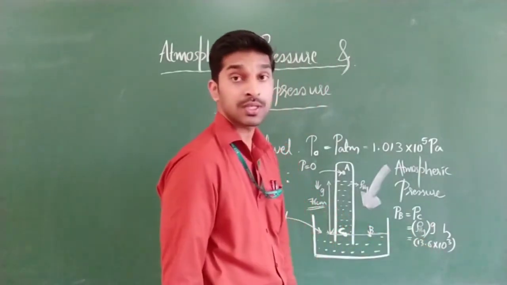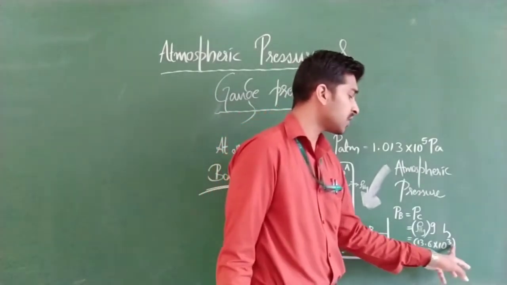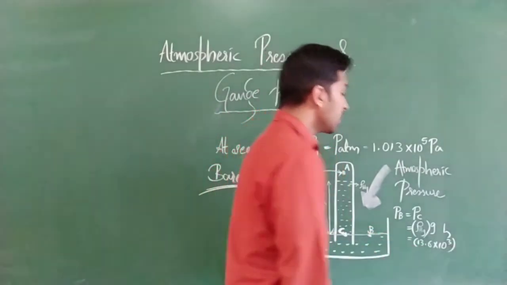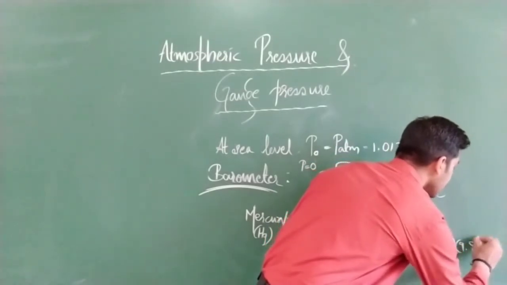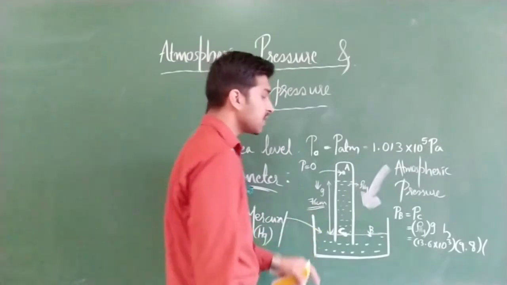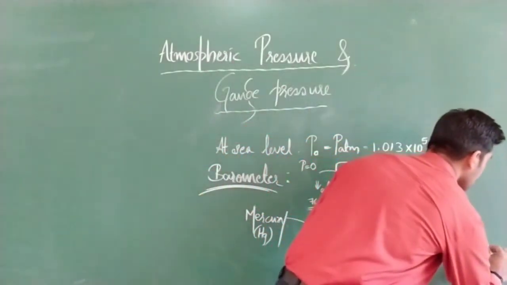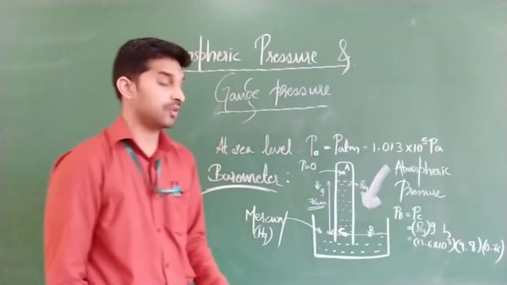Density of water is how much? 1000 kg per meter cube. Density of mercury is 13.6 into 10 to the power of 3. Clear? Next, g is nothing but 9.8. And h is nothing but the height of this liquid column, which is 76 centimeter, or I can write it as 0.76. Why 0.76? In SI units.